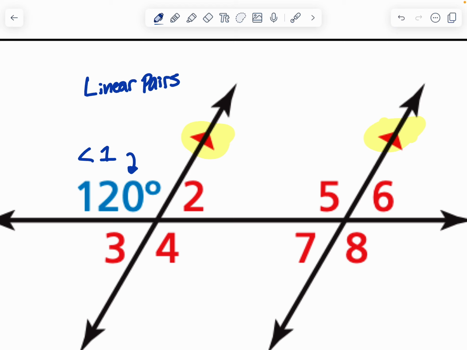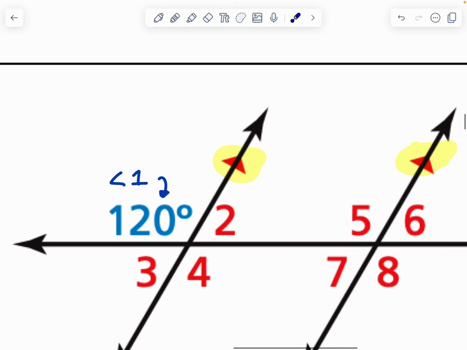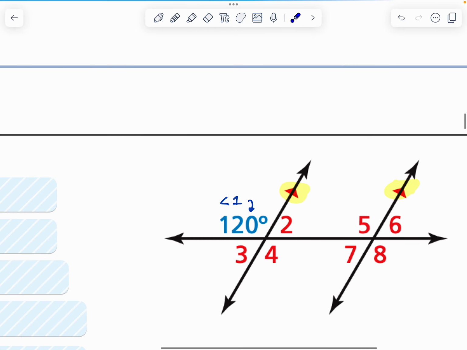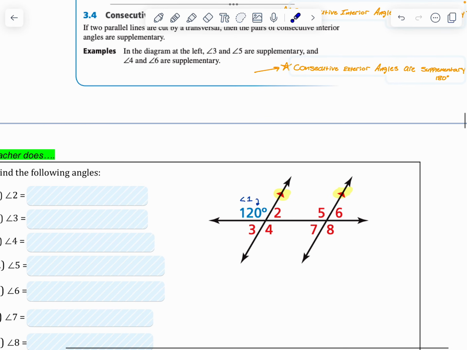Linear pairs, if you remember, are supplementary. So if angle 1 is 120 and angle 2 is supplementary to that, angle 2 should be equal to, hopefully you said, 60. Angle 2 is 60 degrees because it forms a linear pair with angle 1.